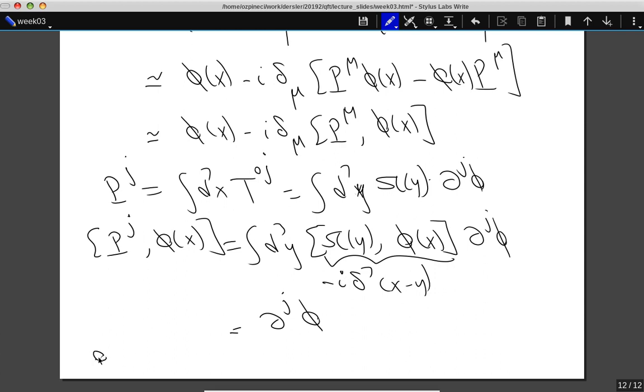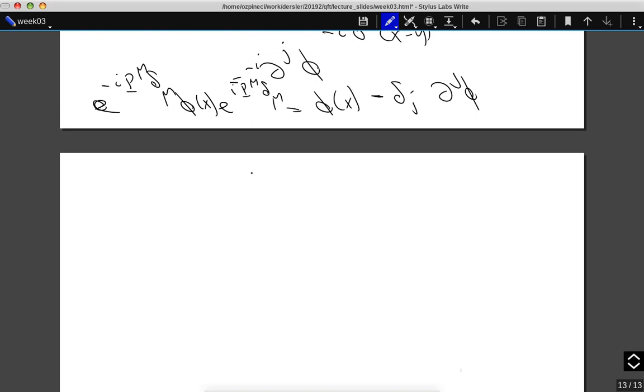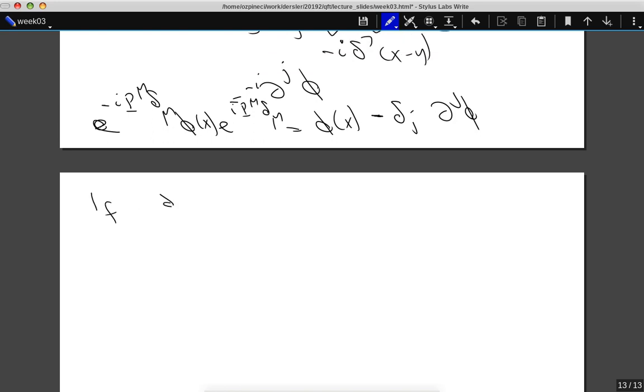So phi, e to the power minus i p mu del mu, phi of x, e to the power i p mu del mu, is phi of x minus del j of phi, assuming del mu is equal to 0 del.